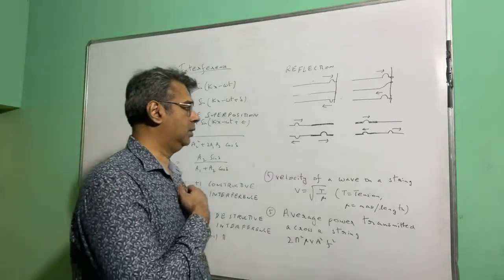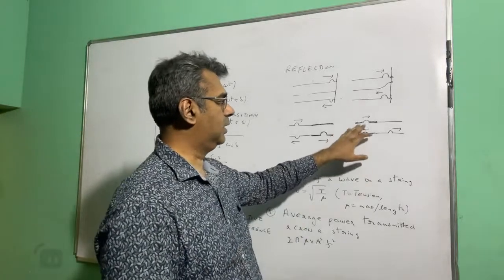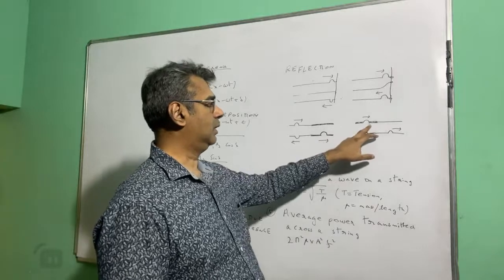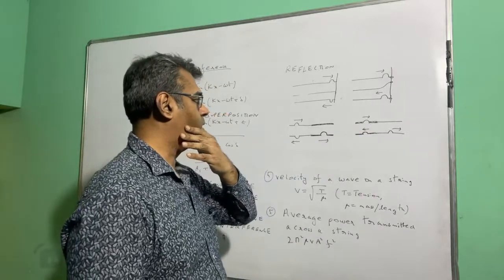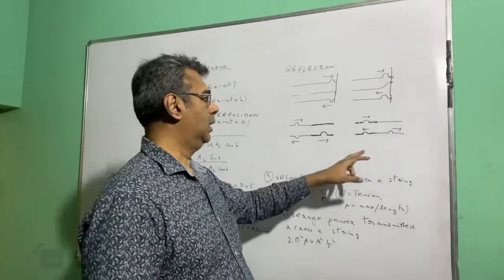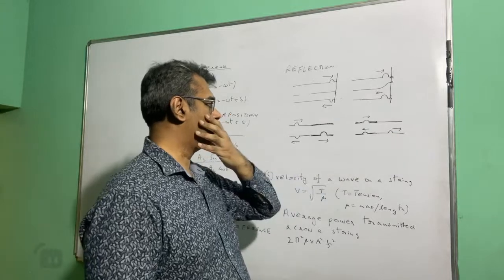The second scenario is that suppose the thick string is first and the thin string is later. So the pulse is going over the thick string, and when it reaches the boundary of the two strings, so this will be the reflected and this will be the transmitted.